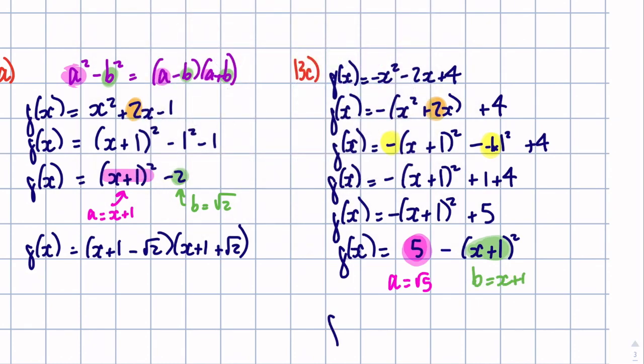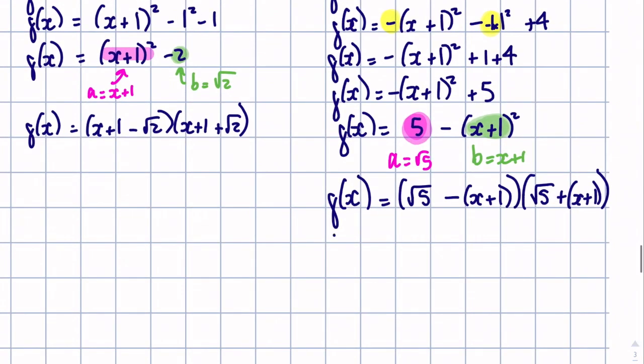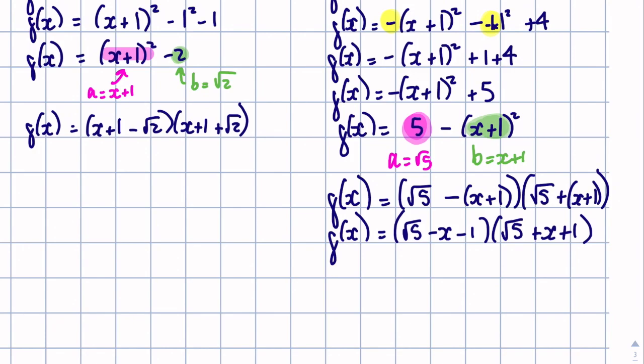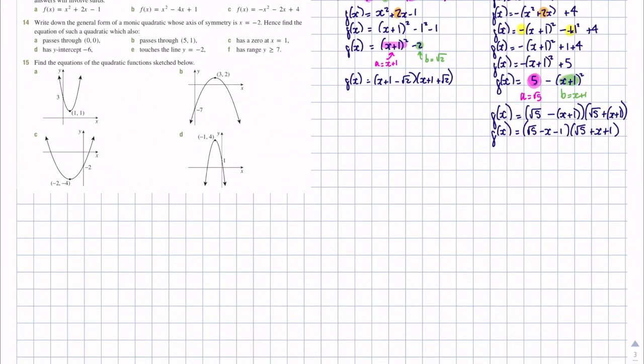So I'm going to have f of x equals root 5 take x plus 1, I'm keeping that in brackets for a reason, root 5 plus x plus 1. Because I'm taking all of x plus 1, which means I'm going to end up with f of x equals root 5 take x take 1, and then root 5 plus x plus 1. And that's it. I don't want to say that's easy, that's fairly difficult, but that's 13.